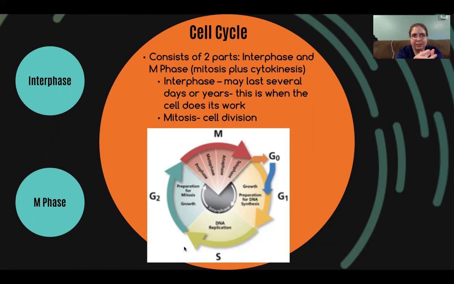And during interphase, that's simply the cell doing its job, whatever kind of cell it is, which we'll talk about when we get to discuss interphase in more detail. Mitosis is when it pauses doing its job, goes through the steps of division, and then you end up with two identical daughter cells, and they both go back to interphase.